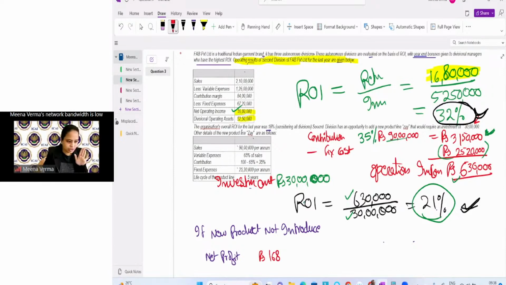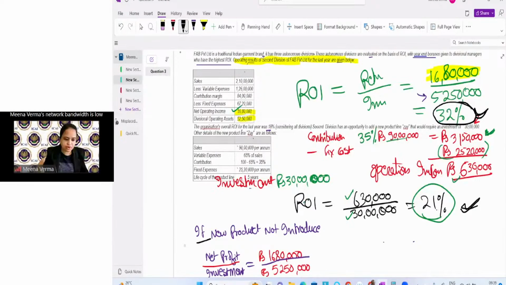And what was the investment of the company? What was the investment? Divide by the investment of the company was this, rupees 5250. This was the investment of the company. Okay. This was the scenario if the new product not introduced.